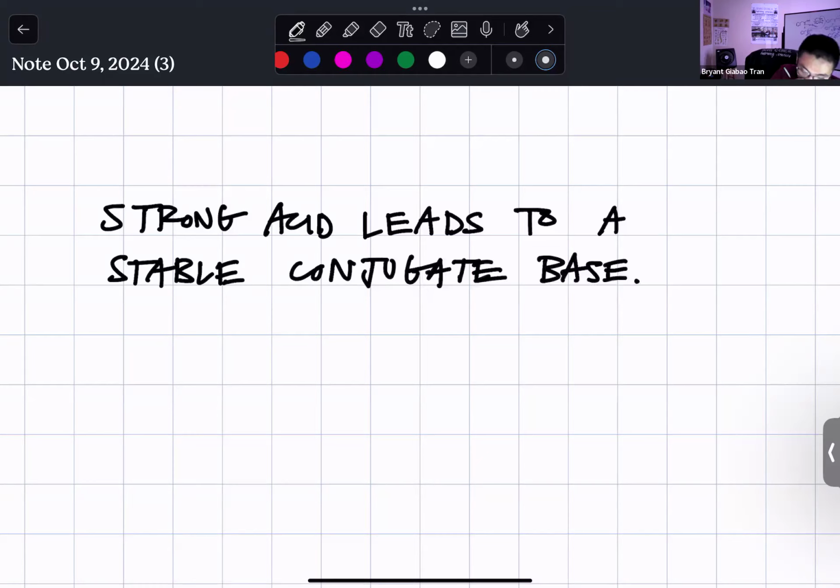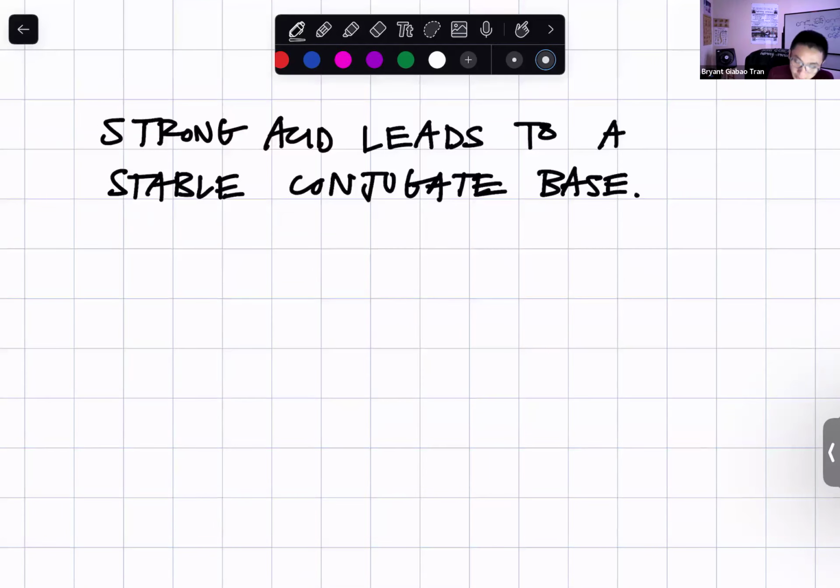A conjugate base is the deprotonated acid. And there is an acronym that you could use to analyze the stability of the conjugate base, and that acronym is going to be CARIO.